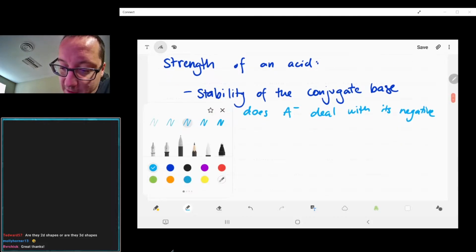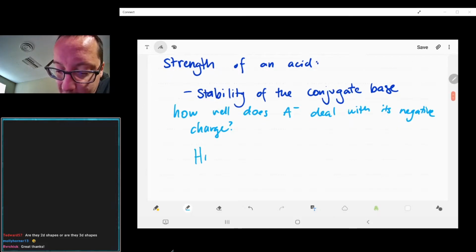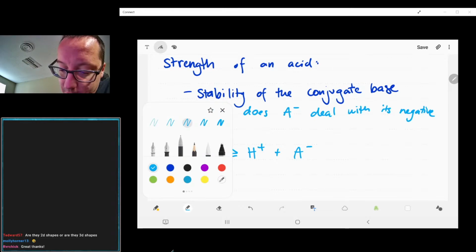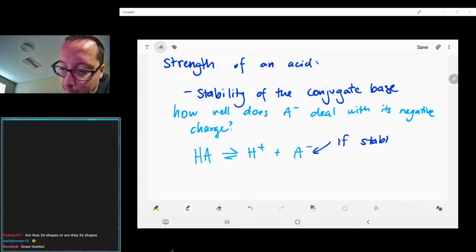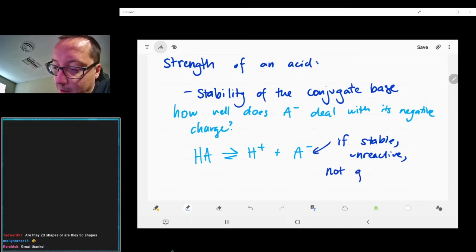So remember, again, we have our generic equilibrium here. Remember that chemistry is all about how reactive things are. If this is stable, that means it's unreactive. That means it's not going in reverse.